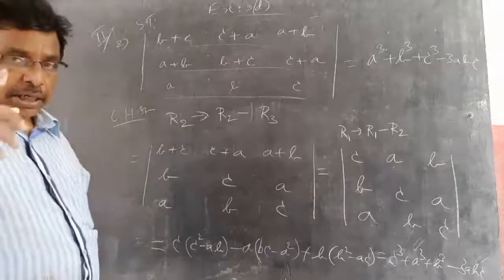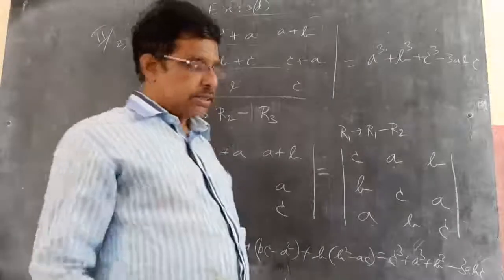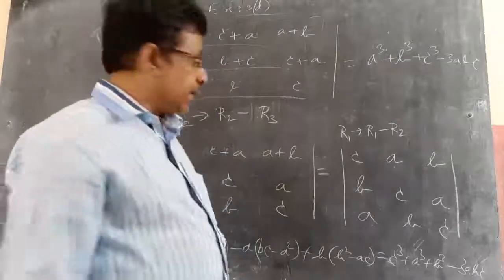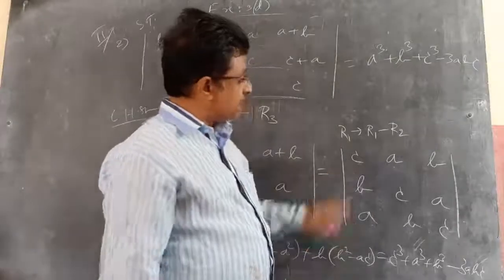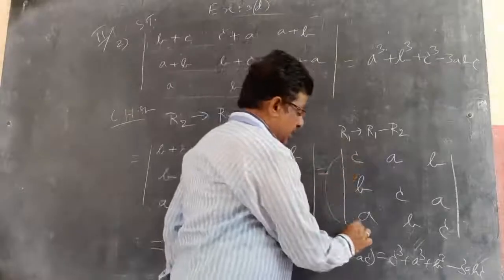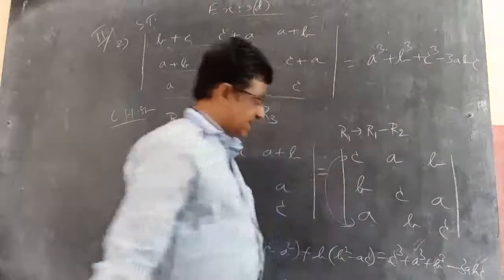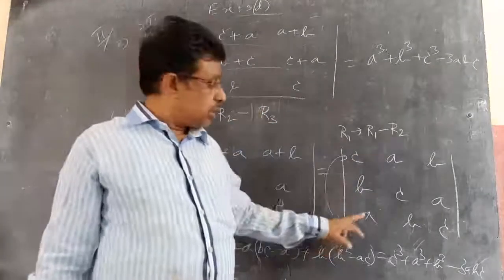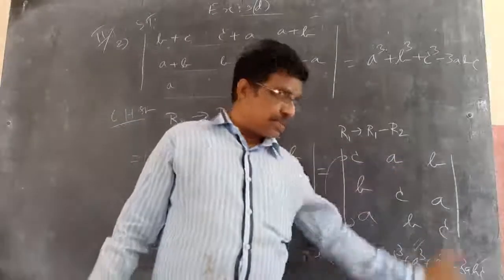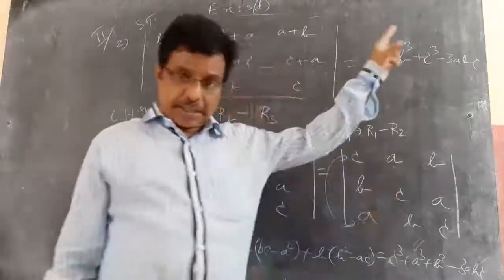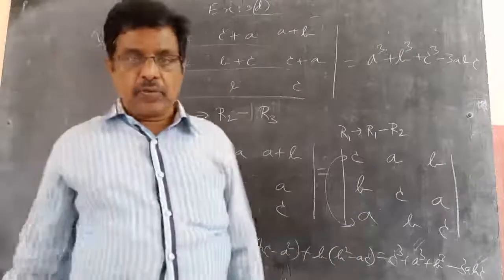Before going to the next sum, I will tell you a small thing. If I interchange these two rows, R1 with R2, the first row becomes ABC and the last row becomes CAB. That is the previous sum, we discussed it.